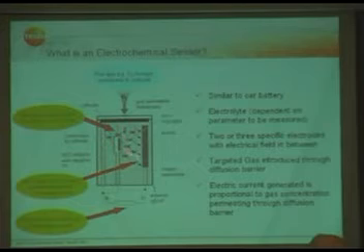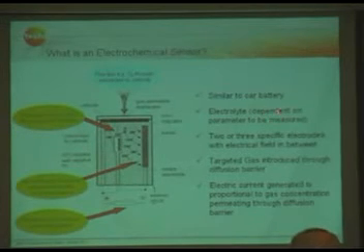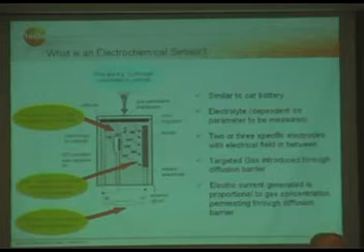Within this sensor, we have an electrolyte dependent on the parameter to be measured. That means O2 has a different electrolyte than NO, whatever. All sensors have different electrolytes inside. Depending on the sensor type, there are 2 or 3 electrodes with an electrical field in between.